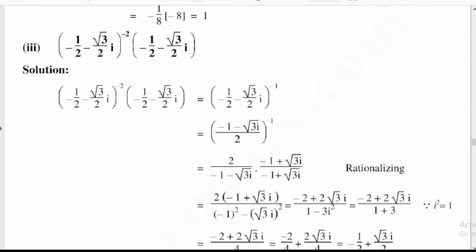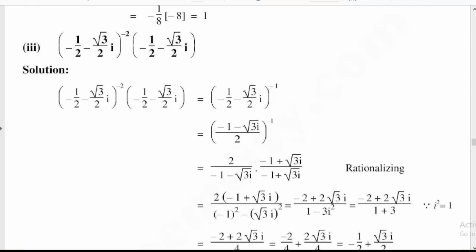into minus 1 plus under root 3 iota, which can also be written in the formula minus 1 whole square minus under root of 3 iota whole square. So minus 1 whole square is equal to plus 1, minus under root of 3 whole square is equal to square, cancel 3 iota square. So multiplying 2 into minus 1 is equal to minus 2.